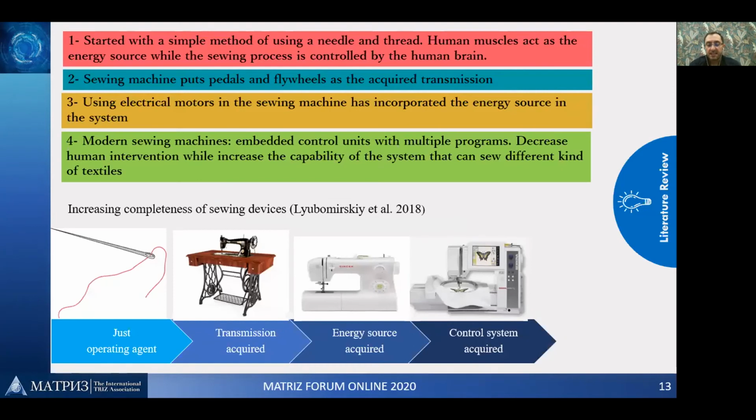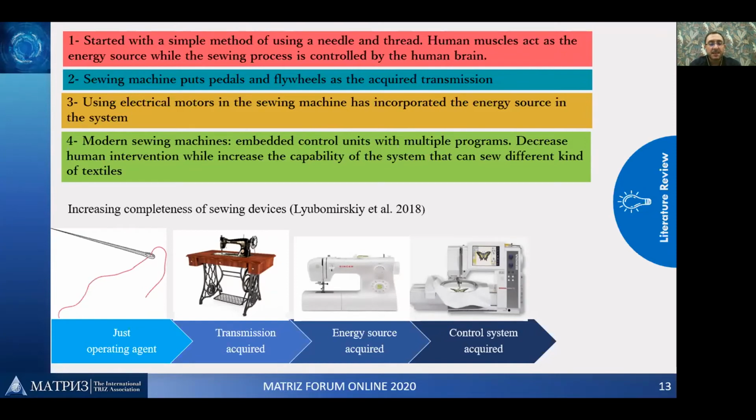To understand this further, we are going to take the sewing machine as a case study. As you can see in the picture here, in the early stage, which is the operating agent, we only have a simple needle and thread, where human muscles act as the energy source and the human brain controls the sewing process.